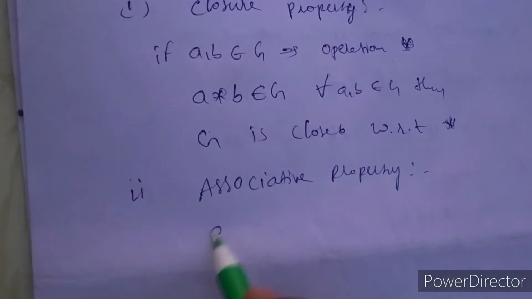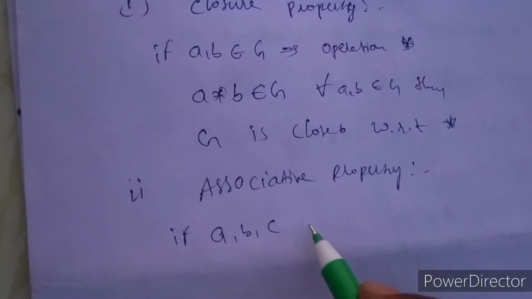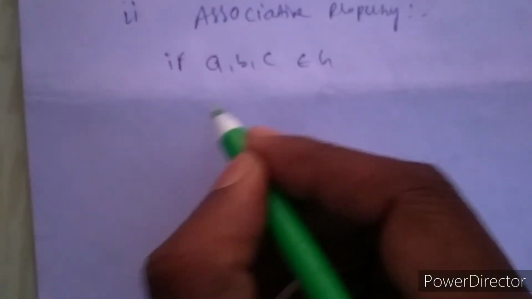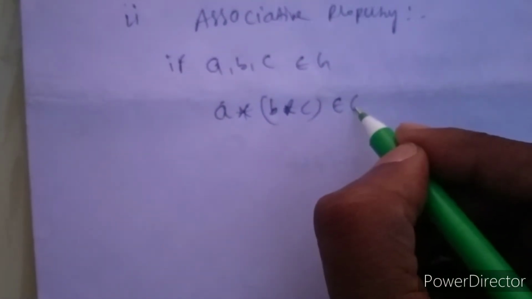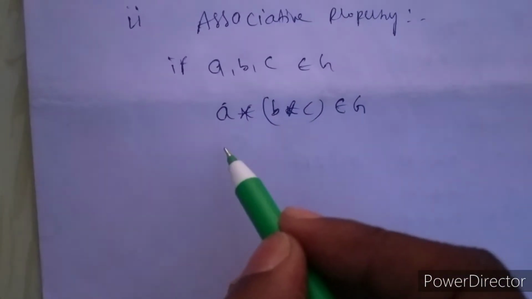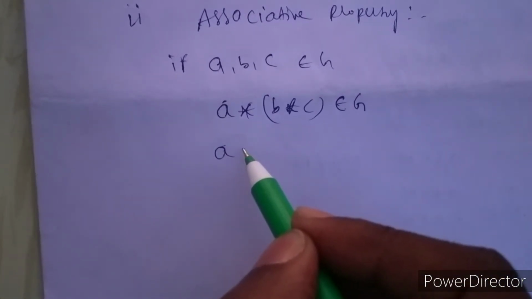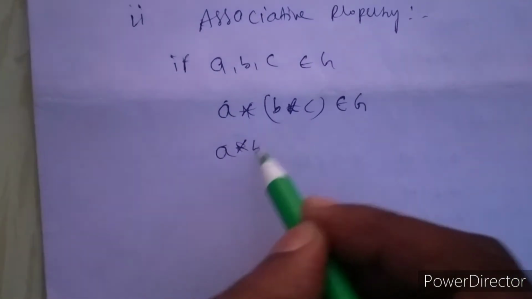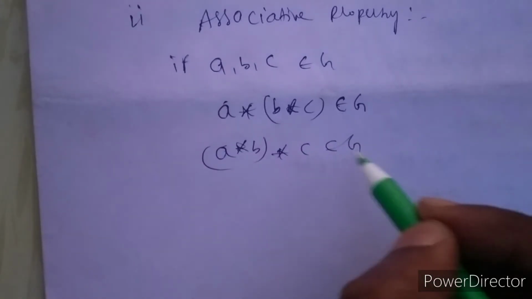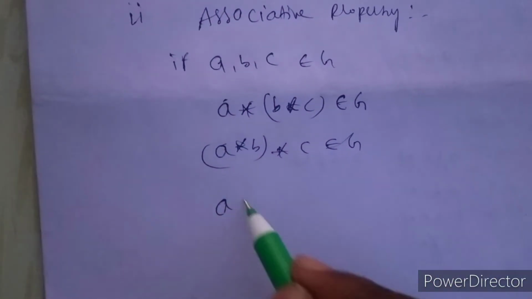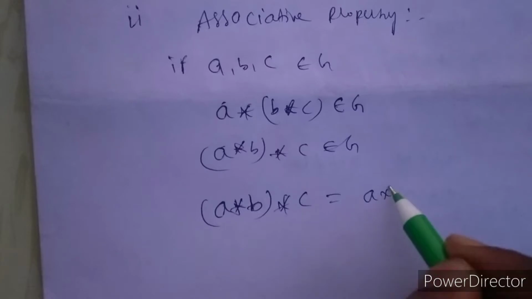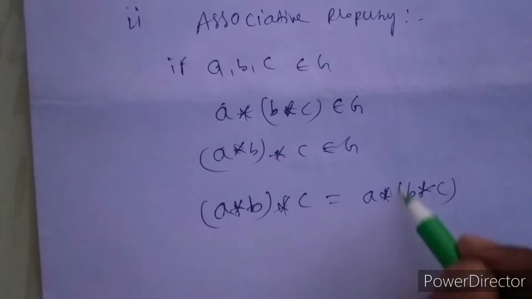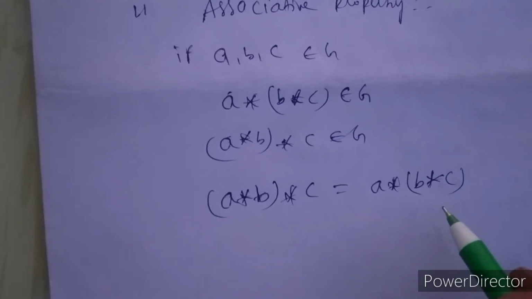If a, b, c belongs to G, and a star b star c belongs to G, then the associative property is (a star b) star c is equal to a star (b star c). Then it is called the associative property.